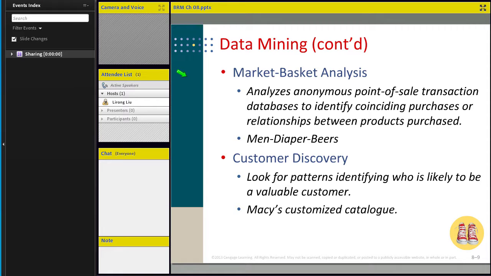They find coinciding purchases, or relationships between the products purchased, and this will help supermarkets to better organize their store. And actually, if you go to some stores, you might find that diapers are placed closer to the beers. And that is a result of the research conducted here. Okay.